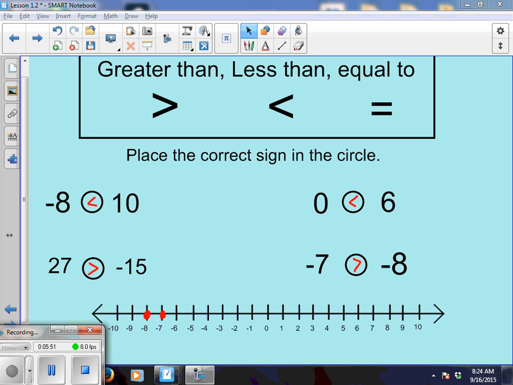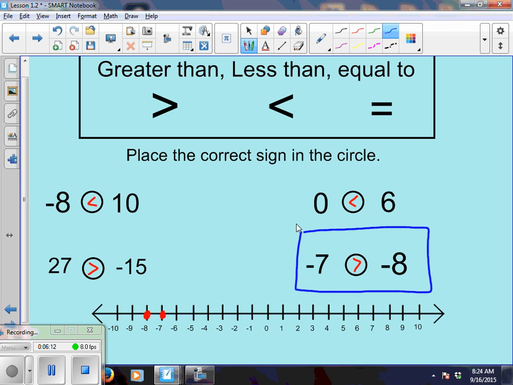So go ahead and check your answers. -8 is less than +10. 0 is less than +6. 27 is greater than -15, and -7 is greater than -8. I got a little confused with this question, -7, whether or not it's greater than or less than -8.